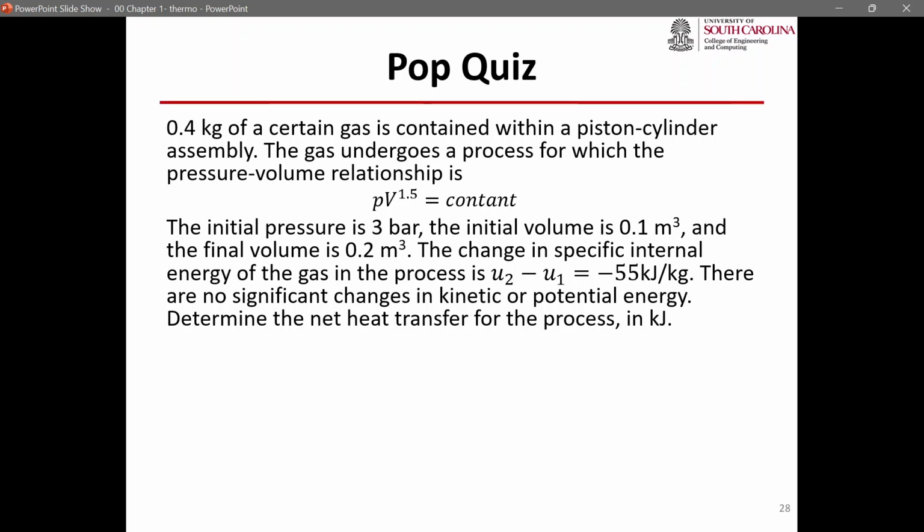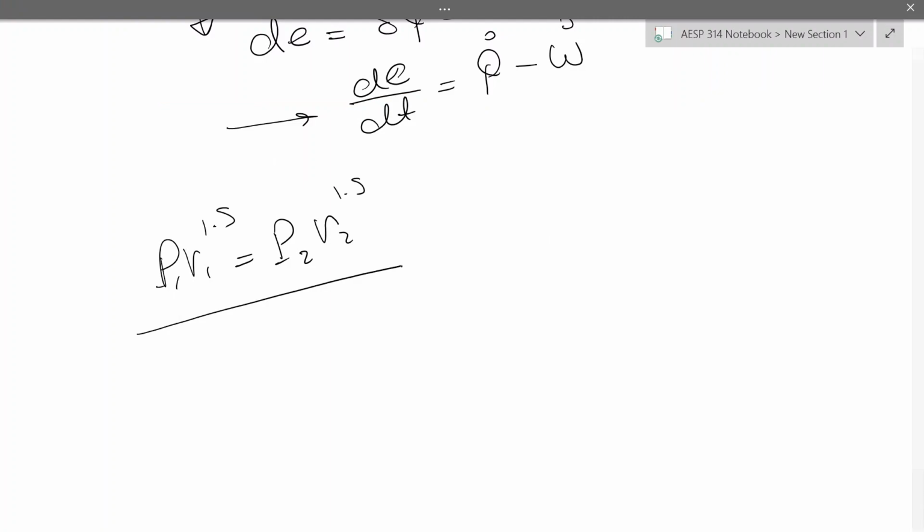You are the only one who solved this. Anyone else? Okay, I believe you, and I will give you the bonus point.